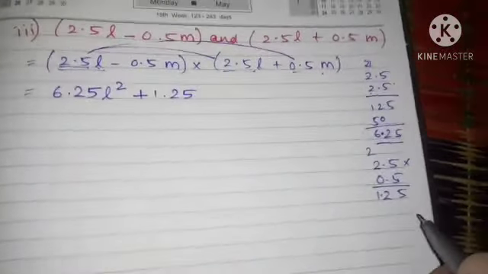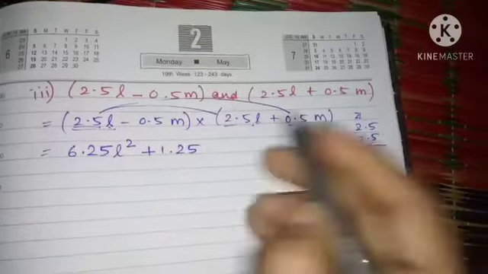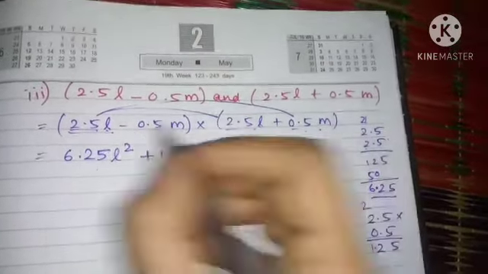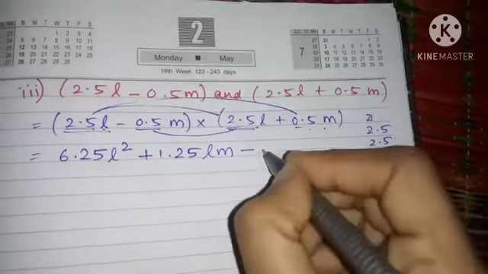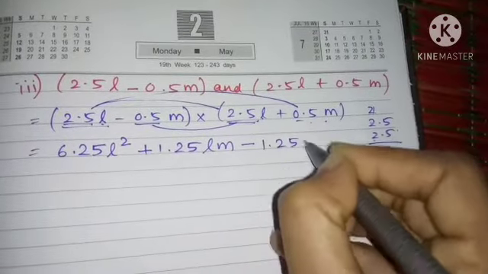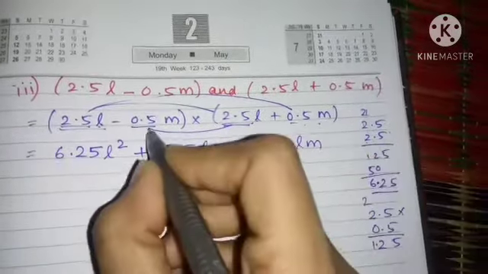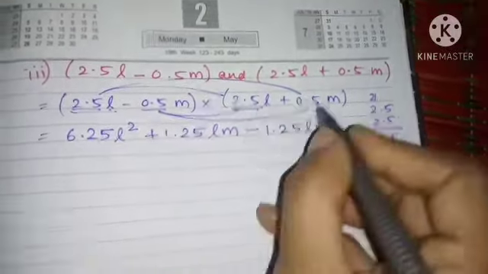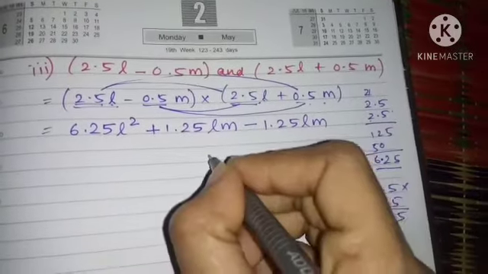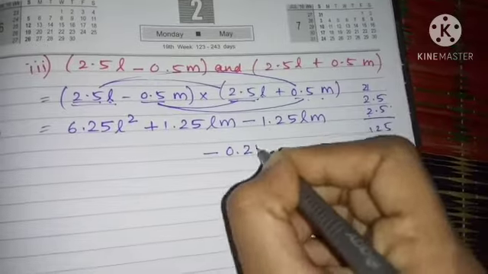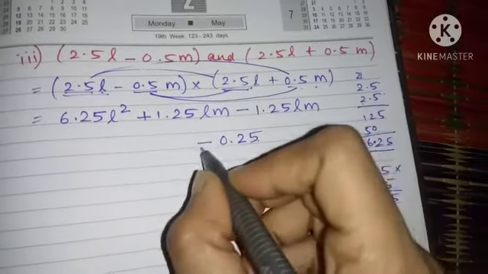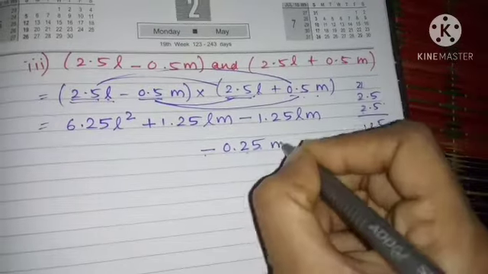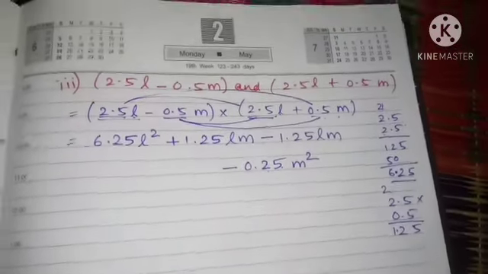So 1.25 LM. Then minus 0.5 into 2.5, minus 1.25 LM. Then minus 0.5 into 0.5, minus 0.25, because 5 5s are 25, 2 digits if you shift, then minus 0.25 M into M, M square.